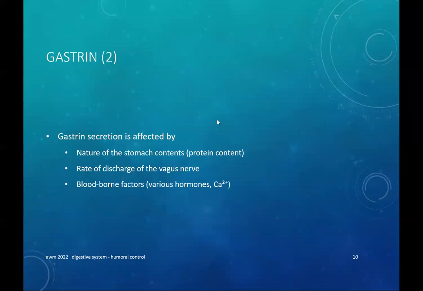Then stimulation of the vagus nerve: people who are very anxious and stressed can have gastrin release influenced. And then you have the blood-borne factors. So even if you do take care of one pathway, there are still two other pathways that can stimulate the release of gastrin.